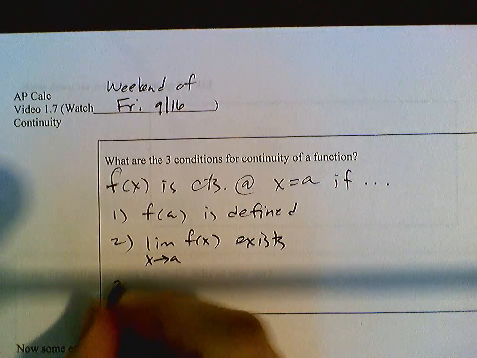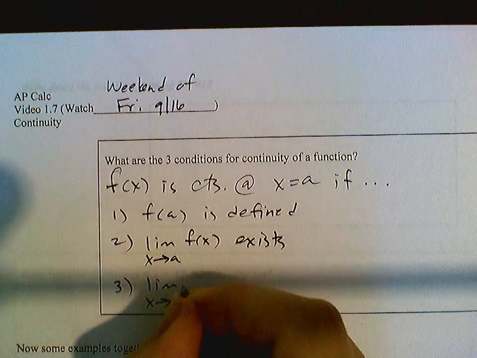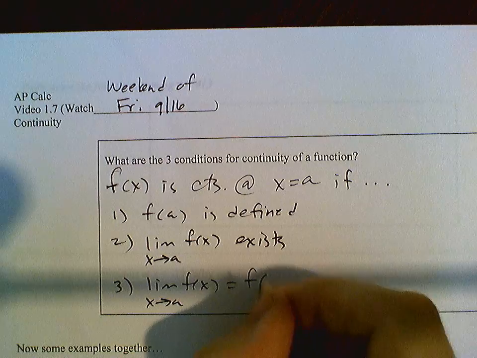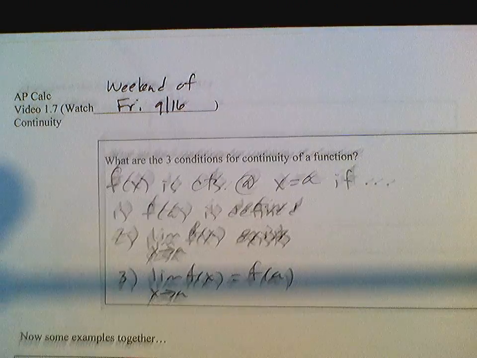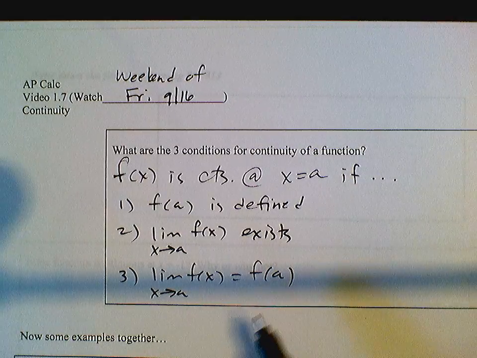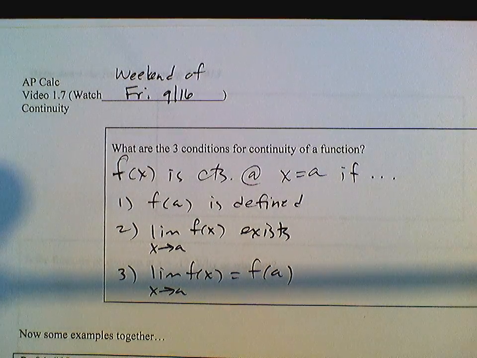And then third, the limit as x approaches a of f of x equals f of a. Okay, so the function's defined, the limit exists, and the limit is equal to the function value. So those are the three conditions for continuity of a function.